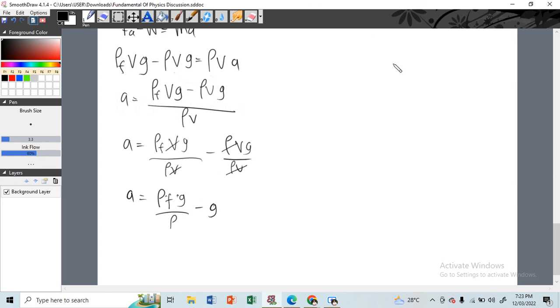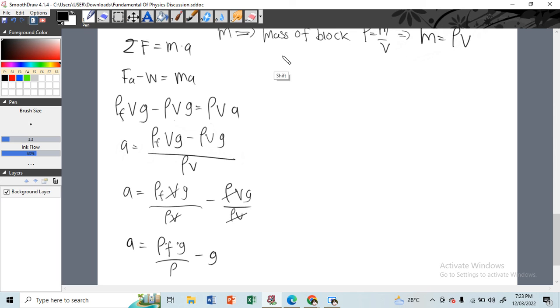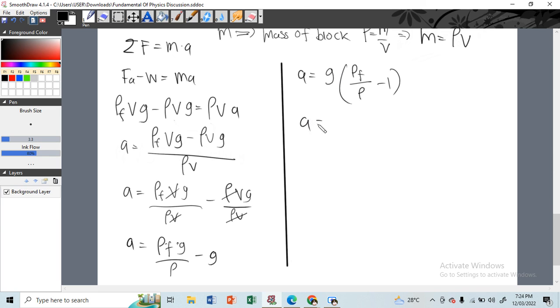This is the magnitude of a, and then we could factor out the g, so it will be g times rho f per rho minus 1.